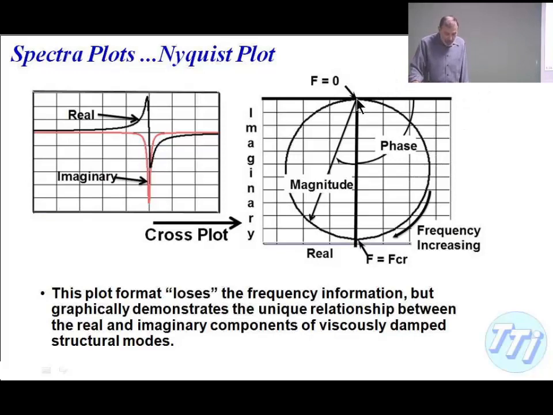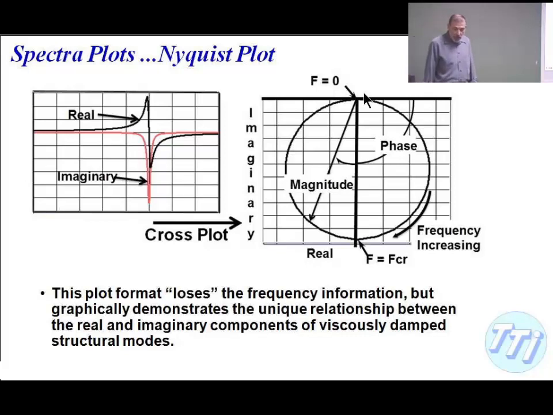Frequency 0 is low response, and then as you go to higher and higher frequency, the phase shifts around, and then right here is maximum response, at this frequency. As I continue on around, it gets lower and goes back to near 0. And when I say near 0, since this is a linear plot, I can't tell the difference between 0 and 1. I've lost the resolution at low frequencies.